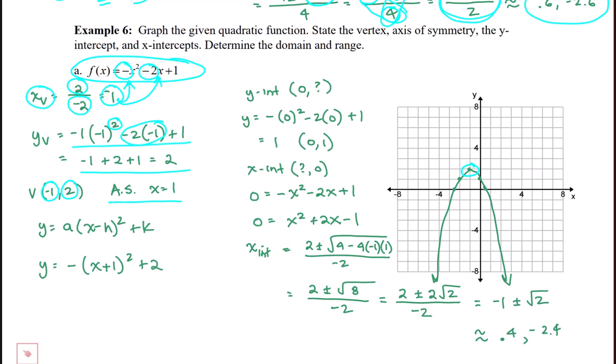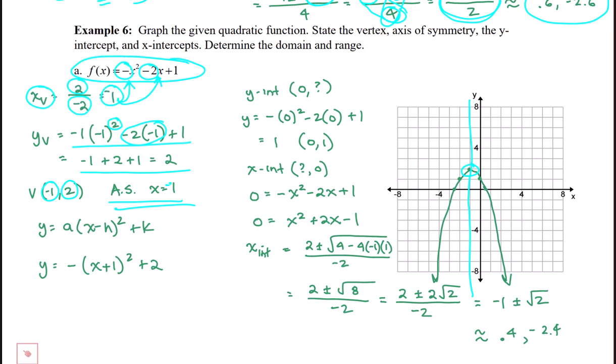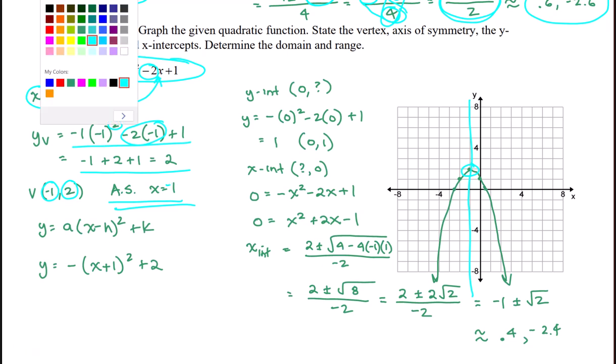The axis of symmetry goes right through the vertex. And it's always x equals. In this case, it's x equals -1. Let's correct that.